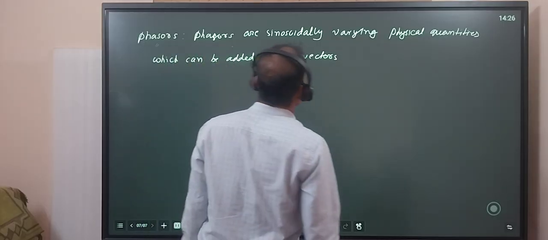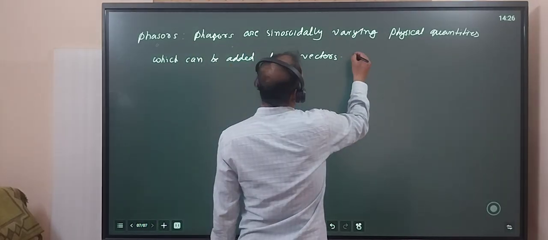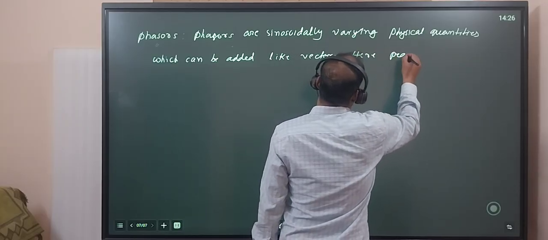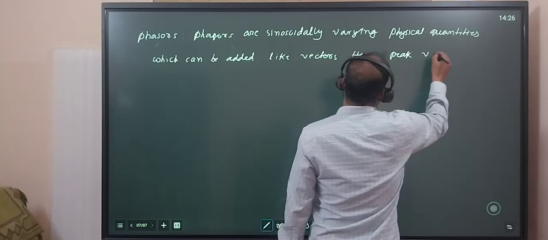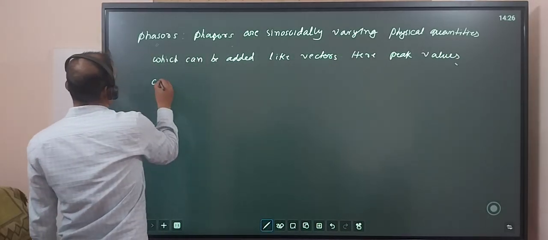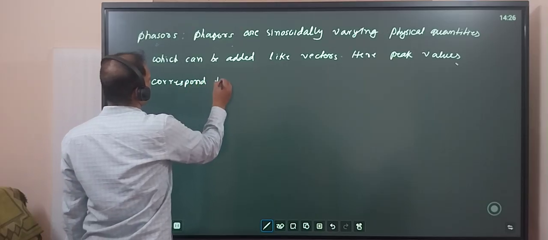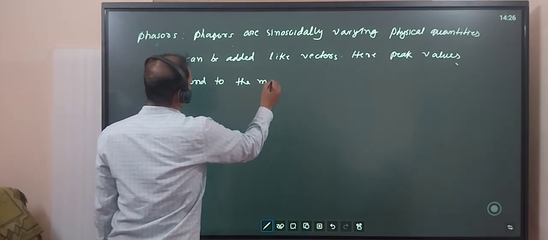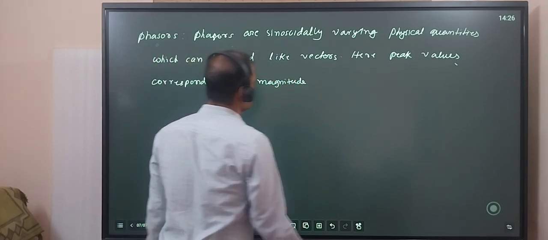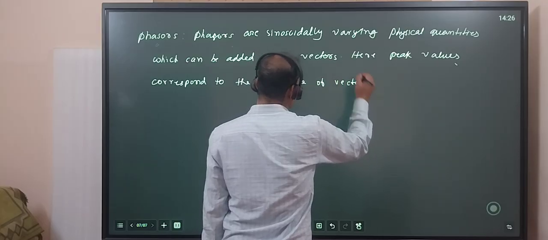Here, peak value corresponds to the magnitude of the vector.